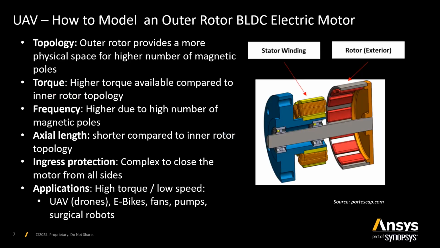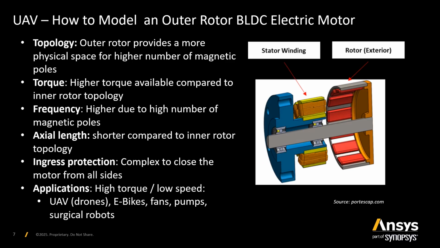First of all, why do we take BLDC? It was already mentioned because of the capabilities, the high performance, and the high torque and power ratio to volume. But additionally, we will discuss today an outer rotor topology. So it's a specific configuration for BLDC machines. Why that?